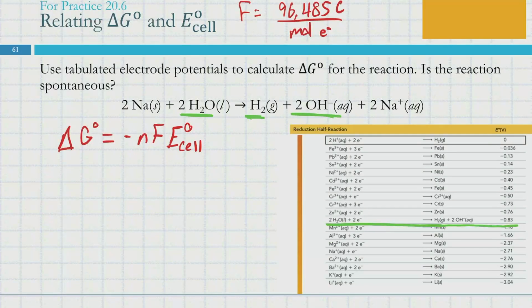Our other half reaction is sodium and sodium ion. We've got sodium down here. That one is flipped. It's also doubled.